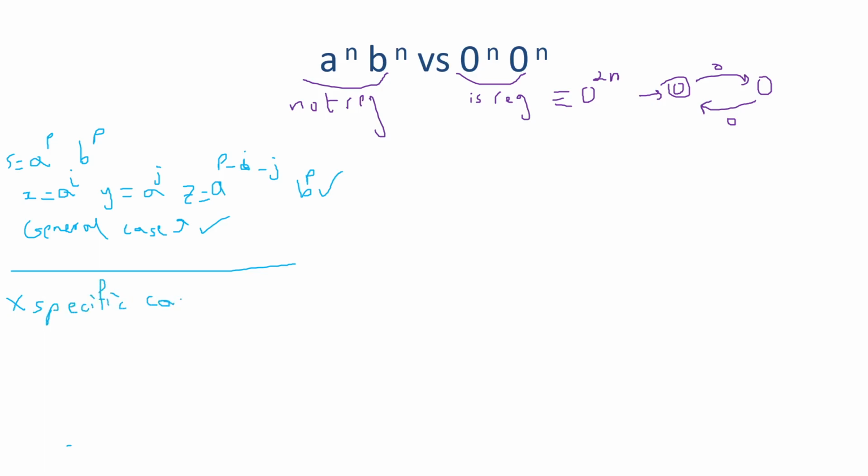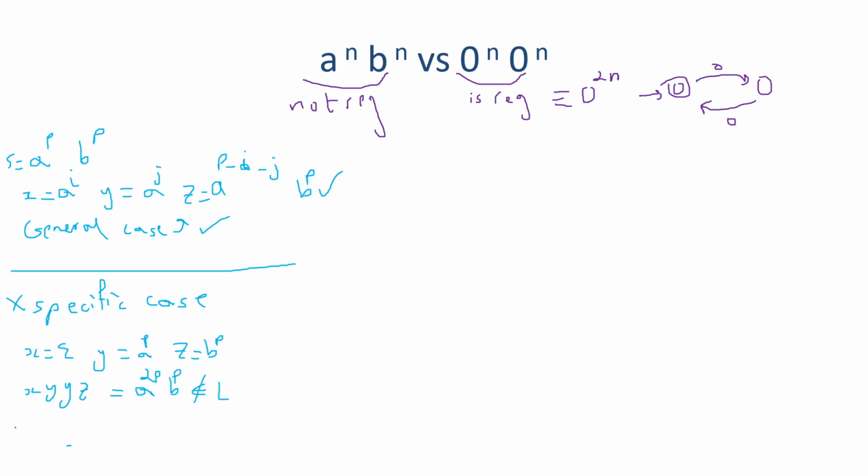So if I had said, oh, X is epsilon, Y is A^P, and Z is B^P. If I had done this, and I try to pump up, so x, y, y, z, I'll get A^(2P) B^P, which does not belong to my language.